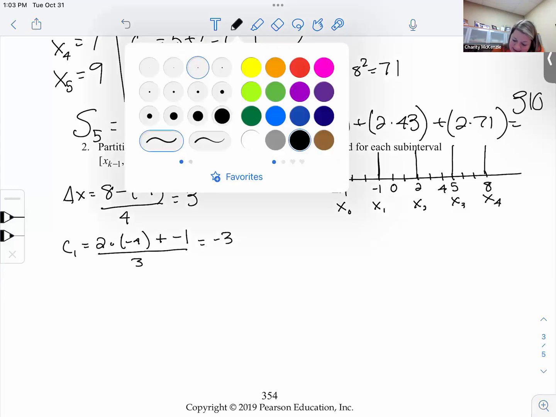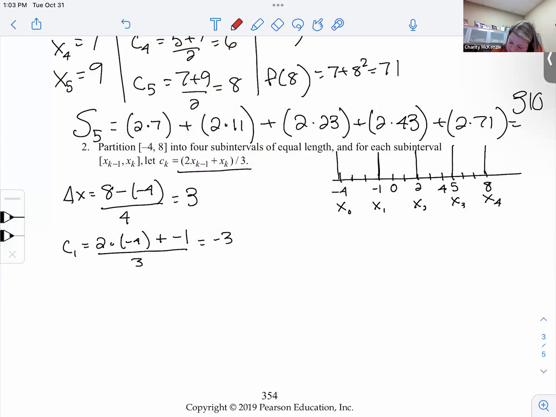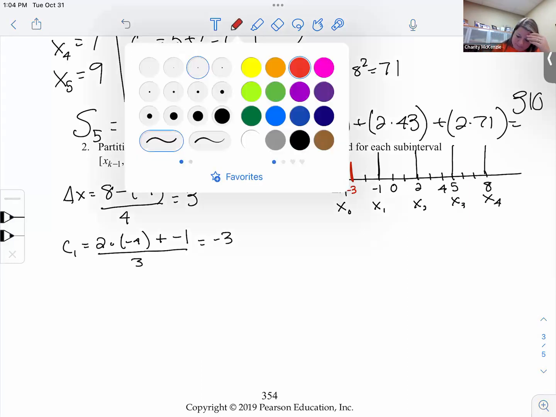Okay, so what does that -3 represent? It is representing that you are going to be right here, -3. That's where you're going to go up and hit your graph, right? So that's what you have to put into your function, because you need to get the side length of your rectangle. Okay.